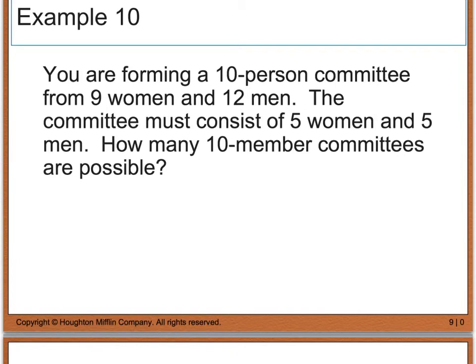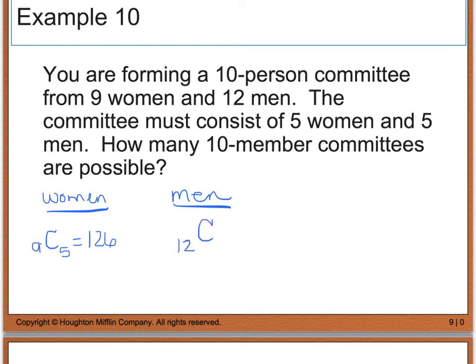So let's go ahead and treat these as the women and then the men. Because order doesn't matter, we have to use combinations. With the women, I have a total of 9 women, and I'm going to be pulling 5 of them out. When I solve that, I see that I have 126 different possibilities. For the men, we have a total of 12 men, and we're pulling 5 of them out.